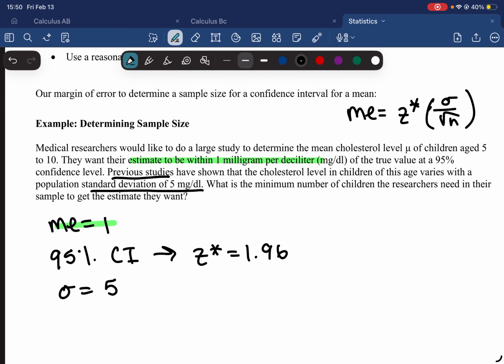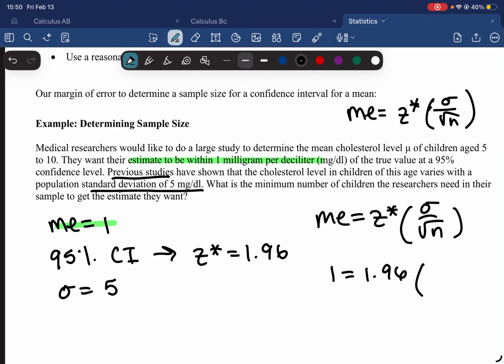So plugging in the information that we know, using the following equation, ME is equal to Z star times sigma over the square root of n. We have 1 is equal to 1.96 times 5 over the square root of n.